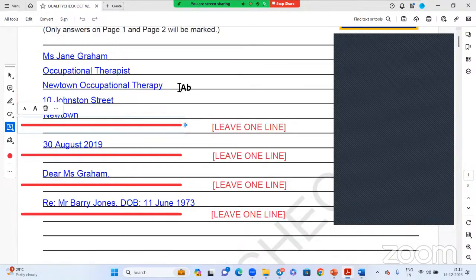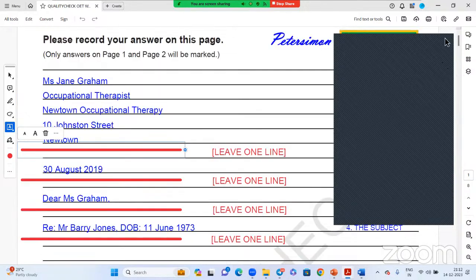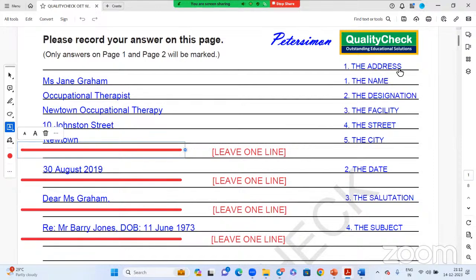So now you have gone through the address. So in address you have 5 points. The name, Jane Graham, Miss Jane Graham. The designation, occupational therapist. And the facility, Newtown Occupational Therapy. And the street, that is 10 Johnson Street. And then the city, that is Newtown. This is the way how you are writing.